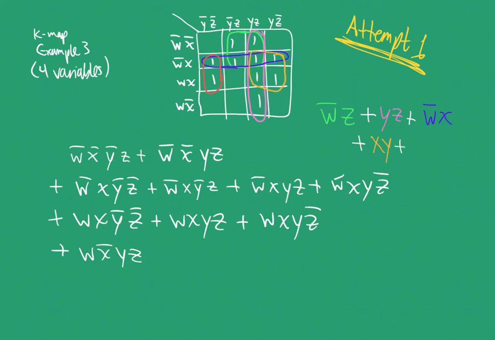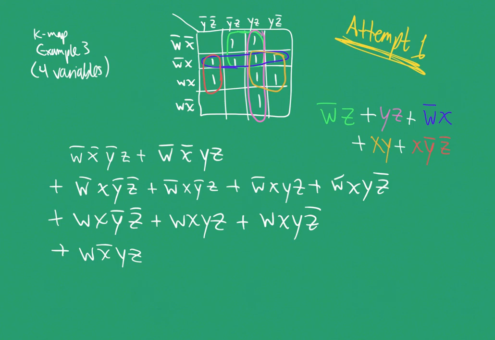Plus, finally, this red one over here on the left, which term is that? Well, we have both types of W, so no W. We have X, we have Y bar, Z bar. So we get X, Y bar, Z bar. Okay.